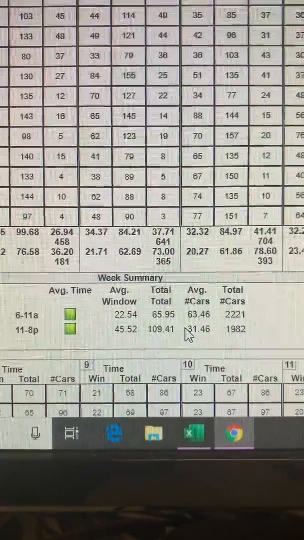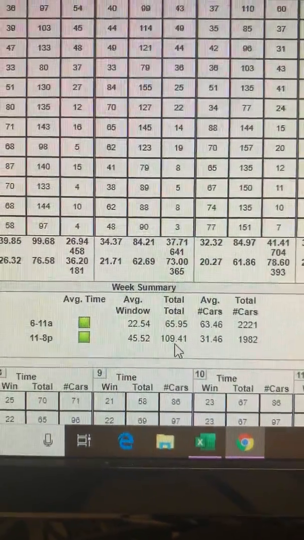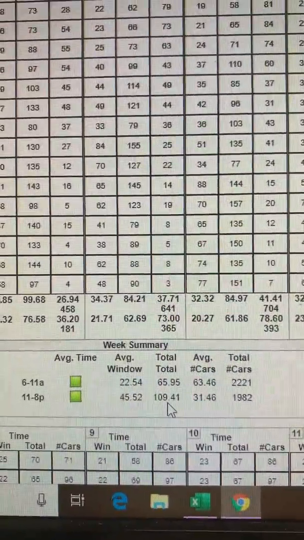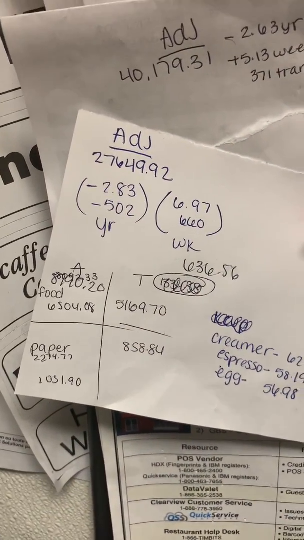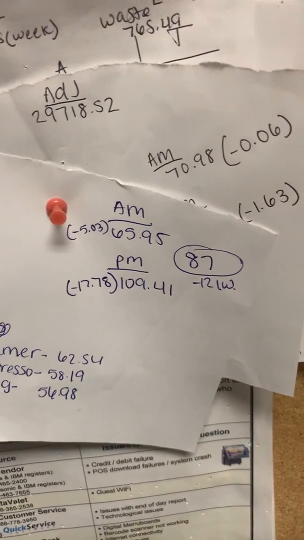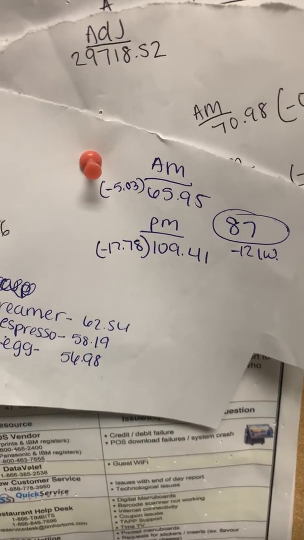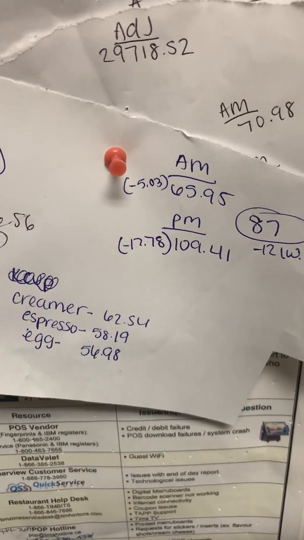What you do, I like to track both morning and afternoon per week to see what we did good on, how much we were faster, how much we were slower, and so on. I have everything written down here, and I do that every single week. So for my AM timers, we actually came down 5 seconds, which as you can see, they were already amazing. But a huge improvement either way.